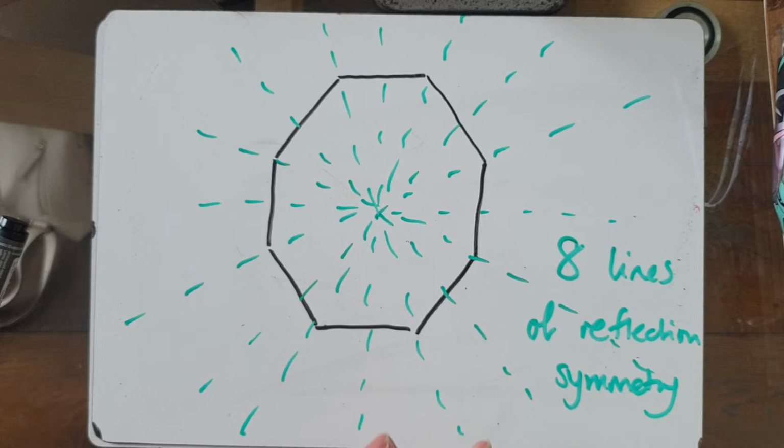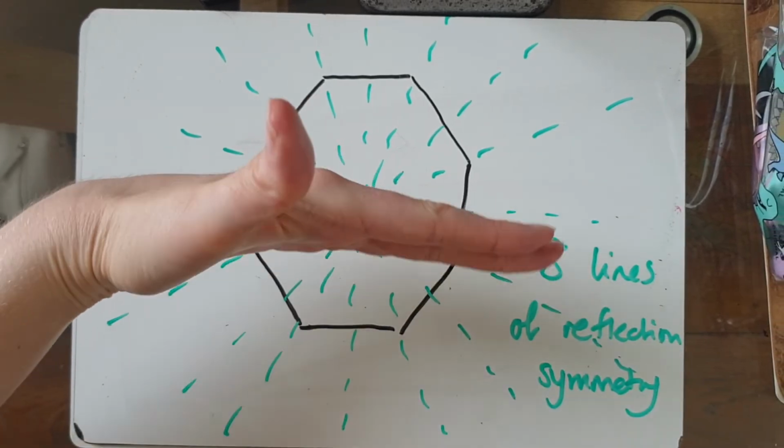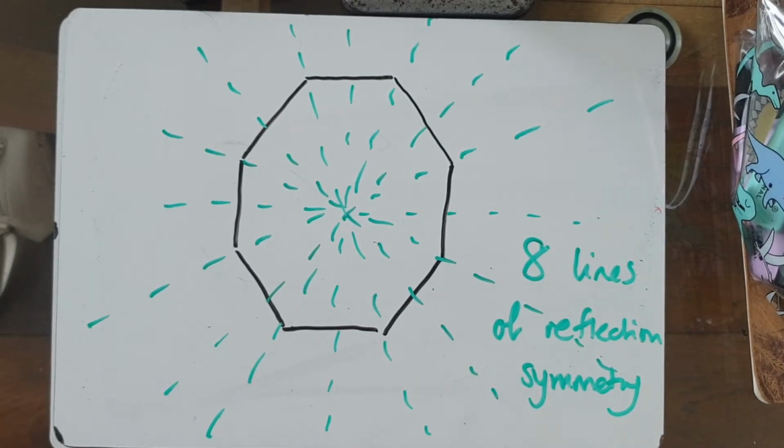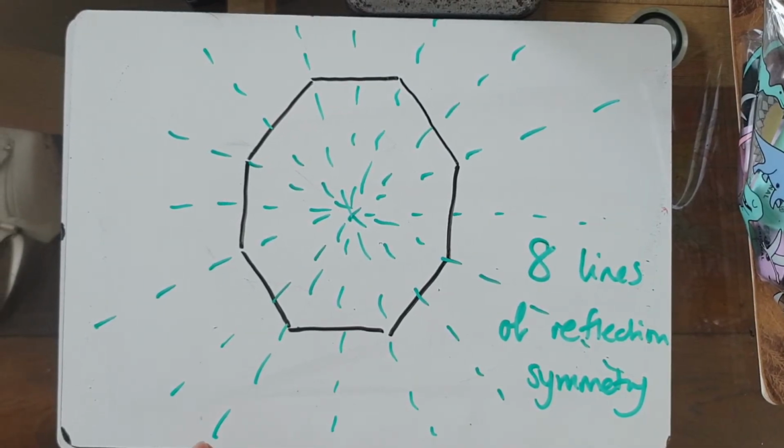Reflection symmetry is where we have lines that cut the shape in half and one side is the exact mirror image of the other side. So that is what reflection symmetry is. So let's write that down.